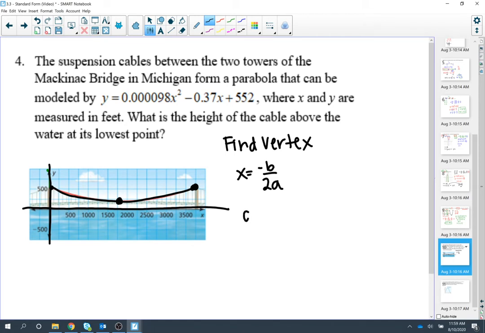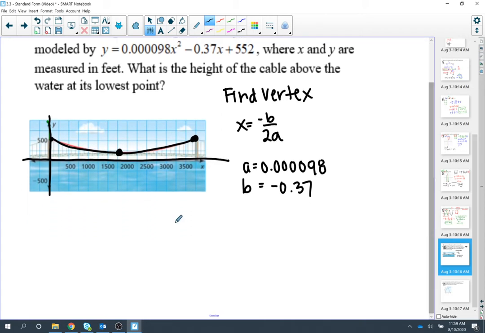So a is 0.000098, b is negative 0.37, and c, we don't need it. So x equals the opposite of b, so positive 0.37 over 2a, which is 2 times 0.000098.